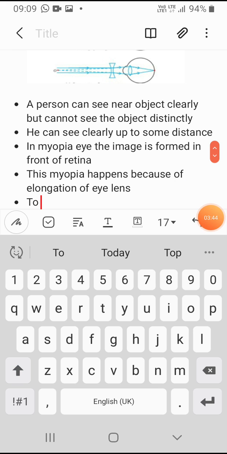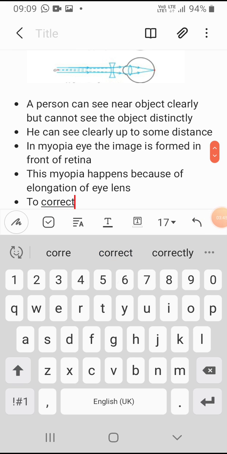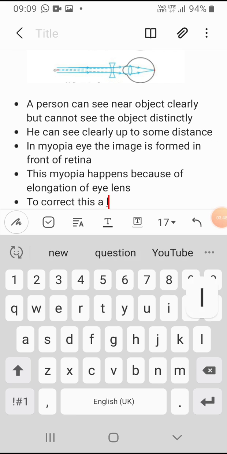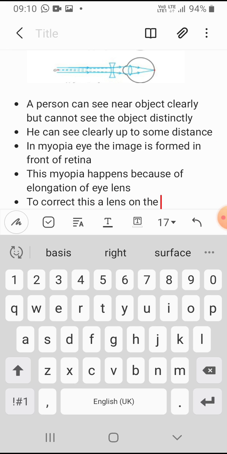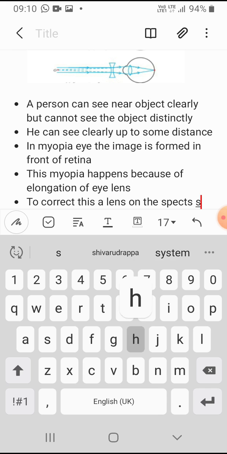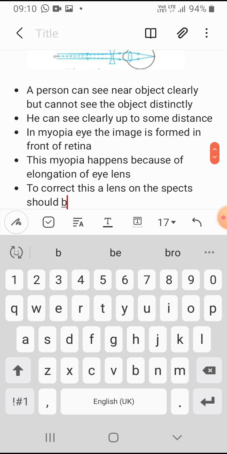So to correct this, the lens on the specs, as you know, the people who wear specs, that lens should be a concave lens.